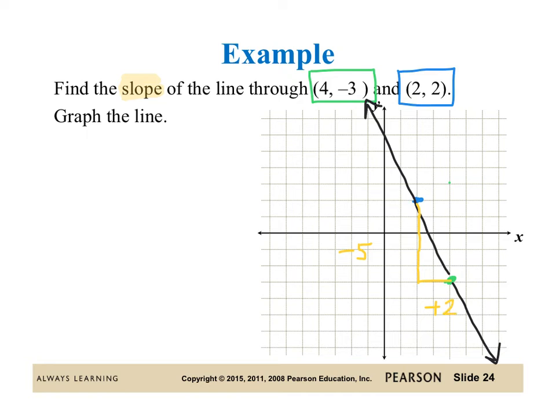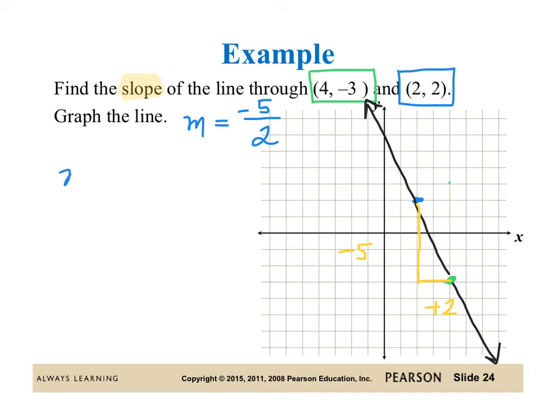And that's going to be the slope of that line. So we already know that the slope, m, is equal to -5 over 2, because that was the vertical change over the horizontal change. There are actually 2 different processes we can use to count that slope.